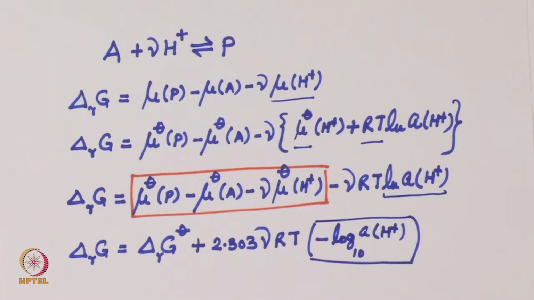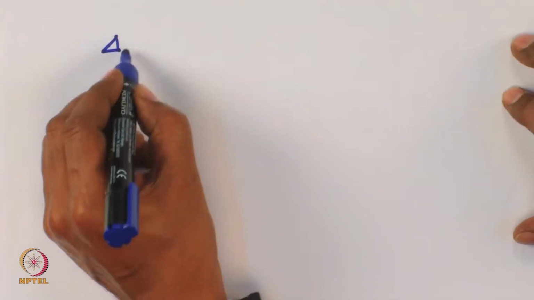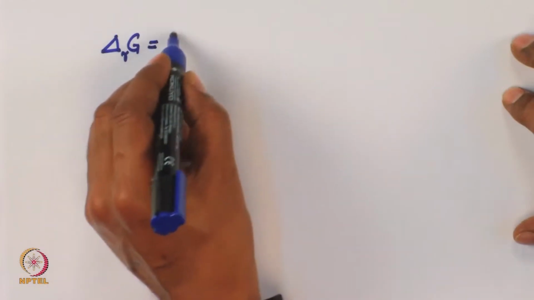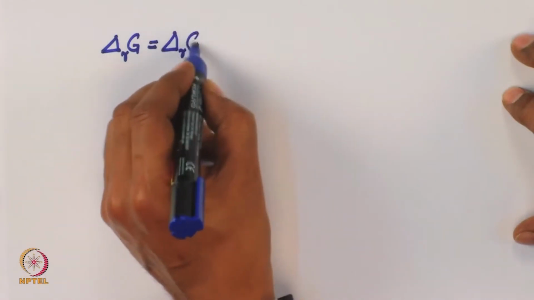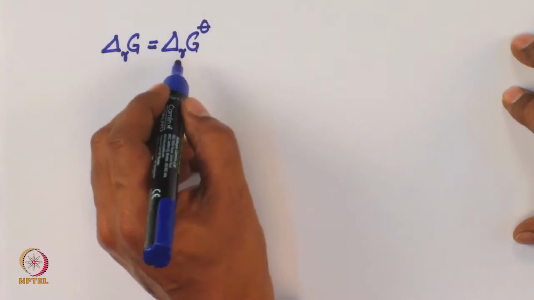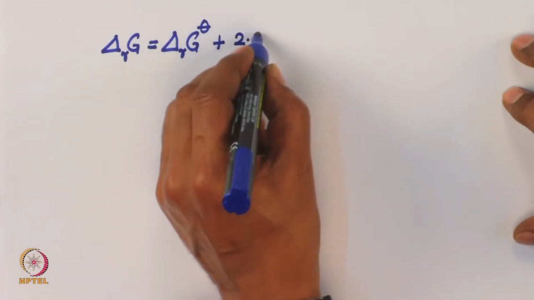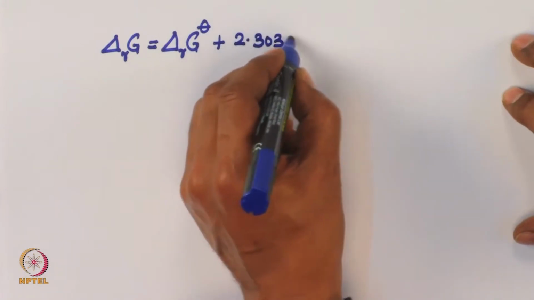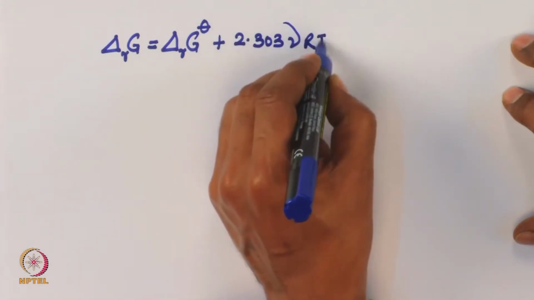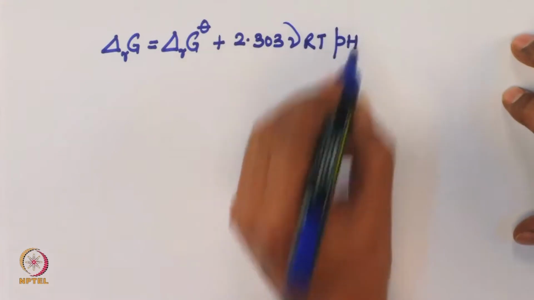So, I will now write this equation as delta Rg is equal to delta Rg naught plus 2.303 nu RT into pH.